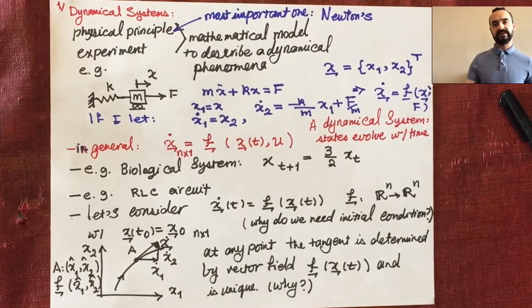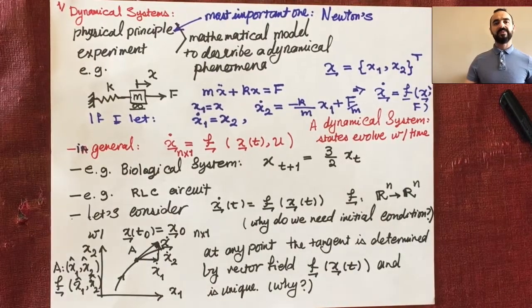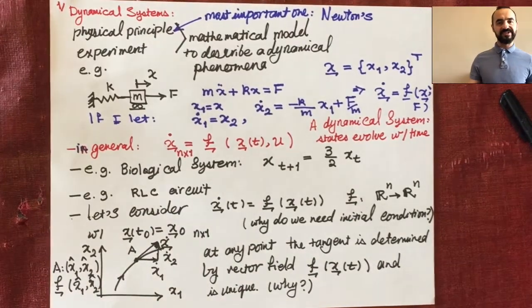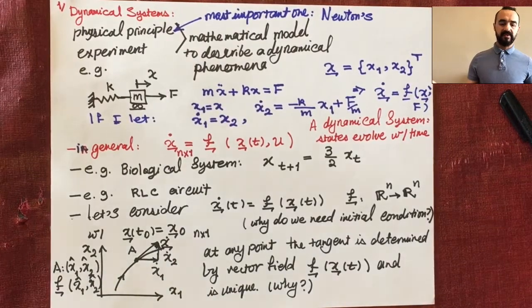If you have an electric circuit, you would ask how charge and voltage vary with time. So those are states. If you have a biological system, then you would ask how the population of a species changes, evolves with time?